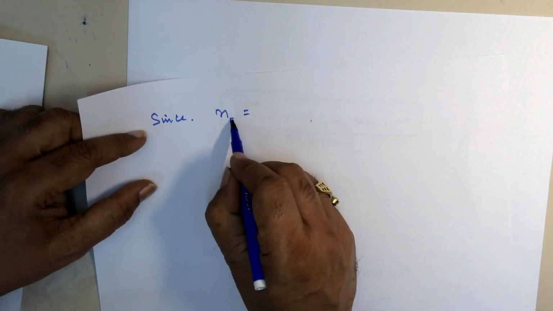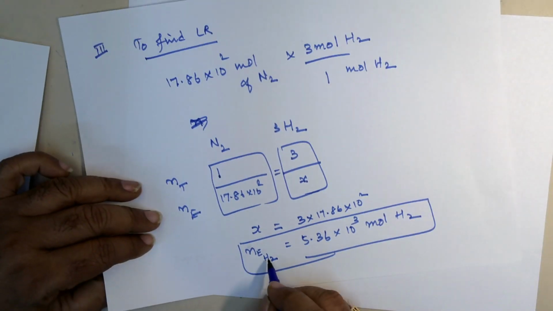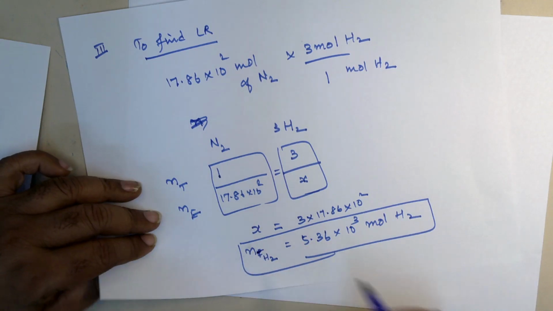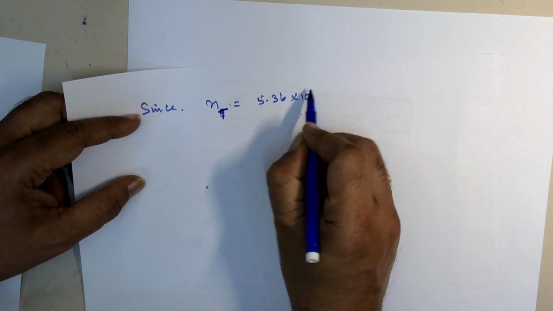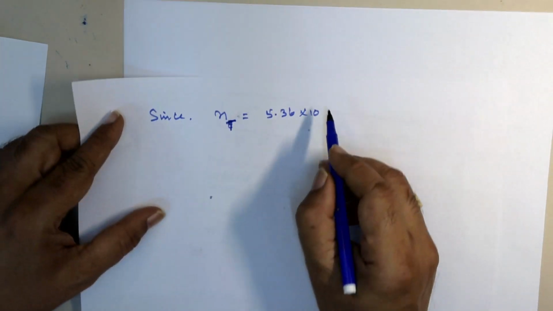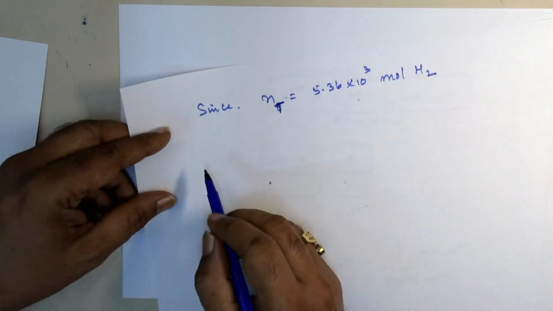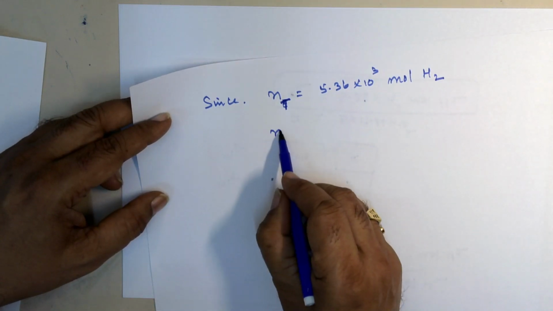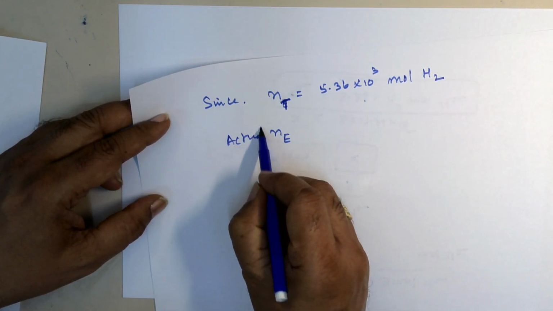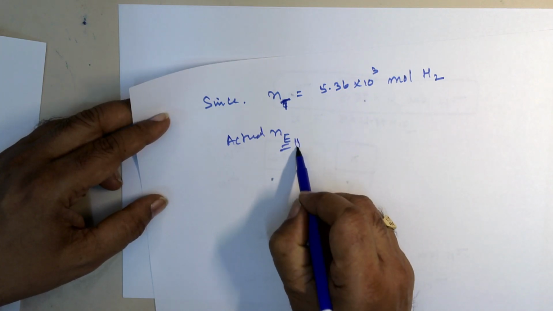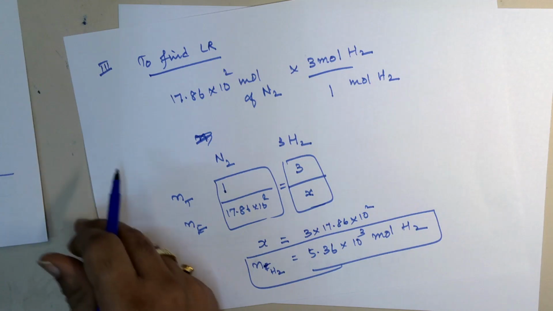So theoretically speaking, you can put 5.36 into 10 power 3 mole hydrogen, but according to the experimental, that is actual amount of hydrogen, is equal to how much we have calculated?